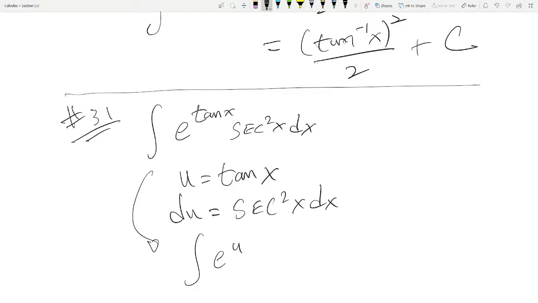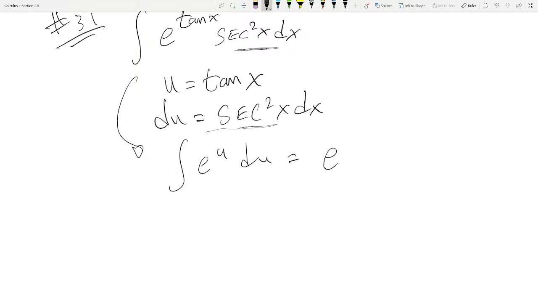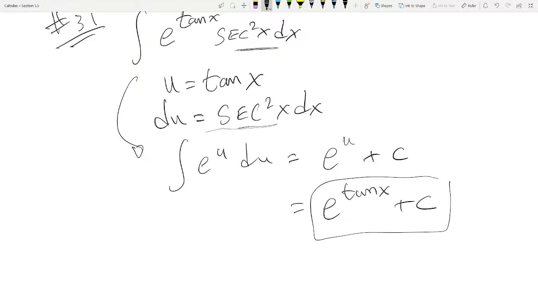Tangent was u. And then the secant squared x dx is sitting right there. That's du. And it's the easiest integral in the history of integrals. Put the u back in terms of x, and there we go. We've got our answer.